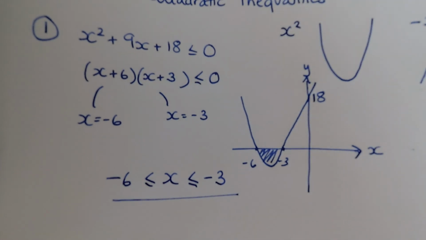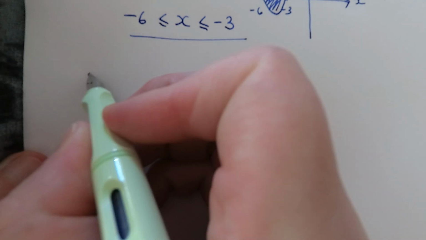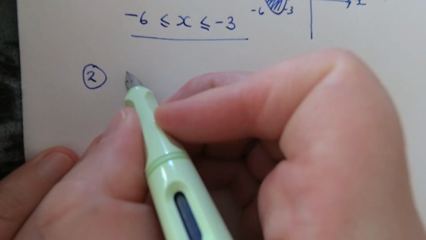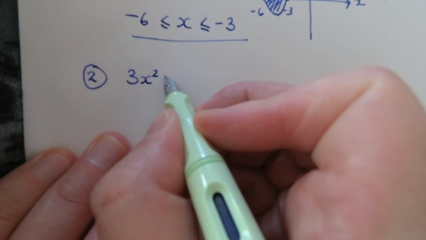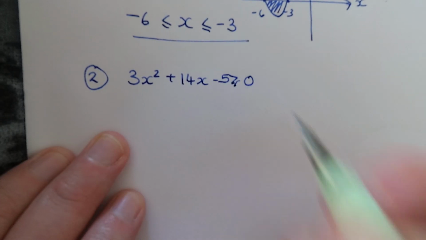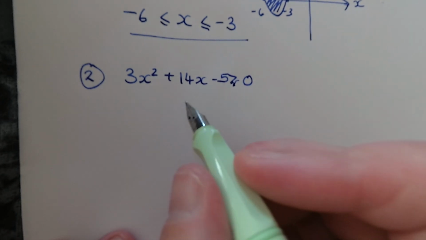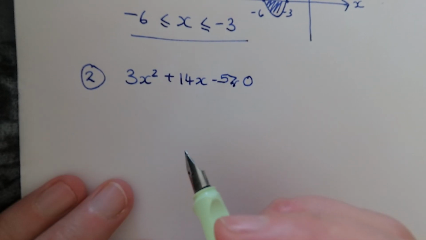Let's try a slightly harder one. So our second example is a bit nastier quadratic. Hopefully from last week you should all be really amazing at solving these harder quadratics.